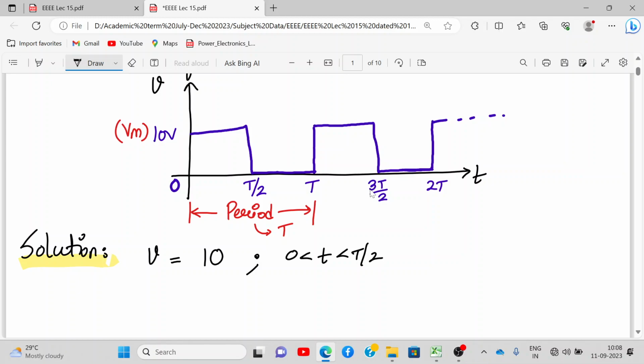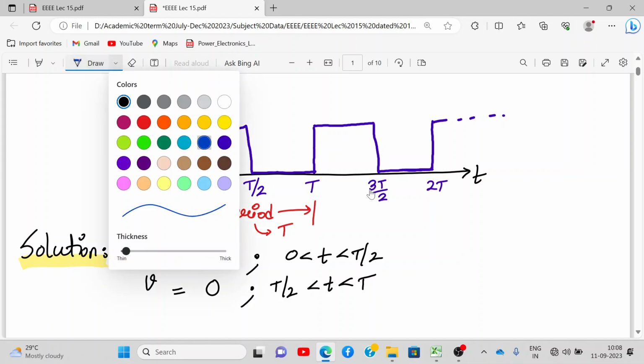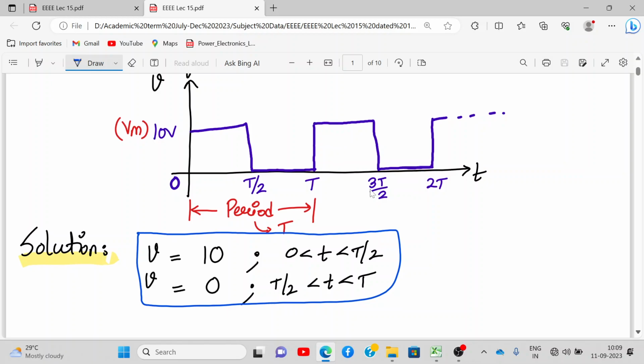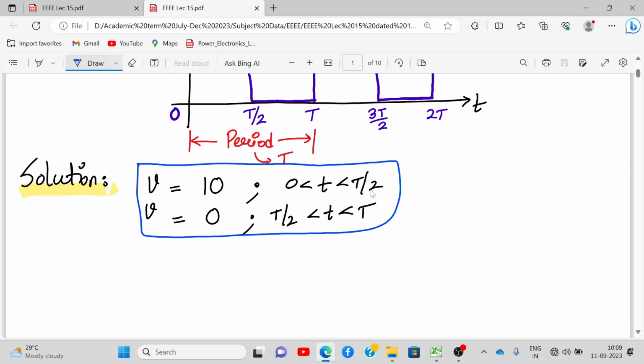And it is 0 from T by 2 to T. So this is my definition of voltage. Please note it down. Accordingly, I will apply my integral and find the value of V average and V RMS. Got it? Okay, let's move further.